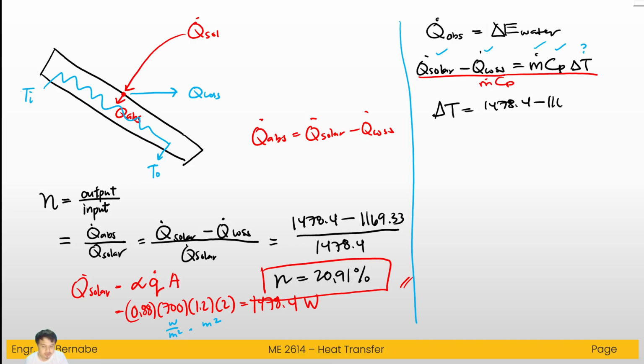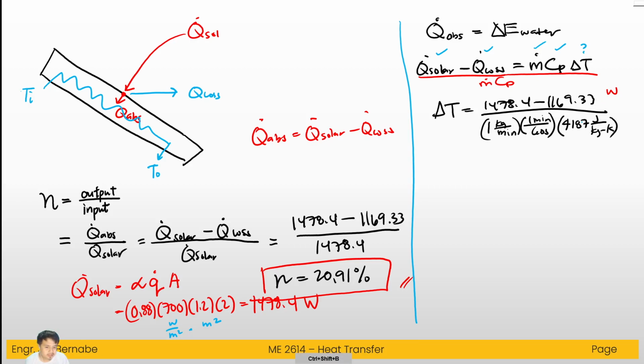So this will be 1478.4 minus 1169.33, over 1 kilogram per minute. So take note of the units. This is in watts, and we have 1 kilogram per minute. We want this to be in kilogram per second, so 1 minute is 60 seconds. And then Cp is 4.187, which is actually in kilojoule, so 4,187 joule per kilogram Kelvin.